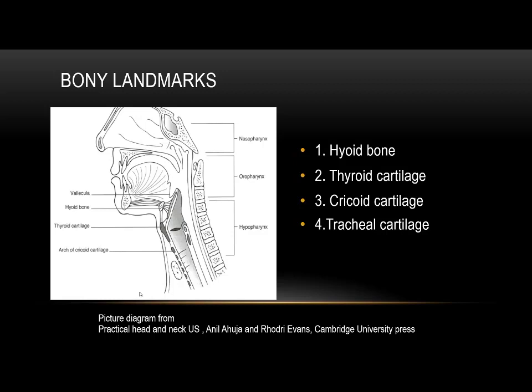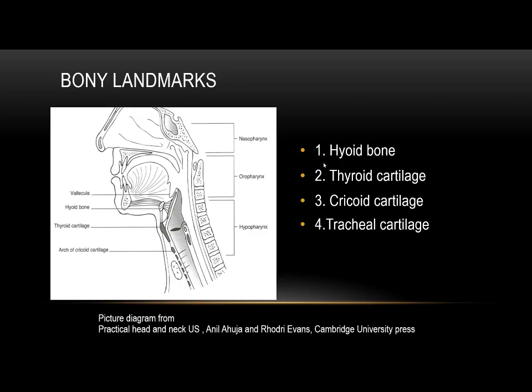One is the hyoid bone. The second is the thyroid cartilage, and the third is the cricoid cartilage and tracheal rings, which look different on ultrasound. So when we scan, we have to know which one we are scanning, so we will automatically know what level we are at when we place the probe.